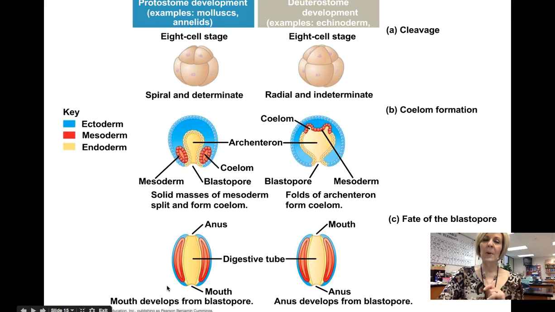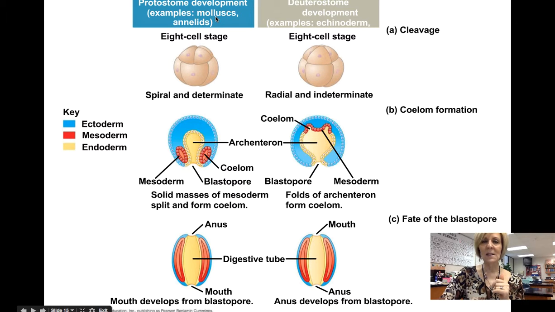Now, do you remember talking about the blastopore? Remember that invagination that happens in the blastula that starts gastrulation? Well, there is a very different destiny of that blastopore in two major kinds of animals. The first are what we call the protostomes.